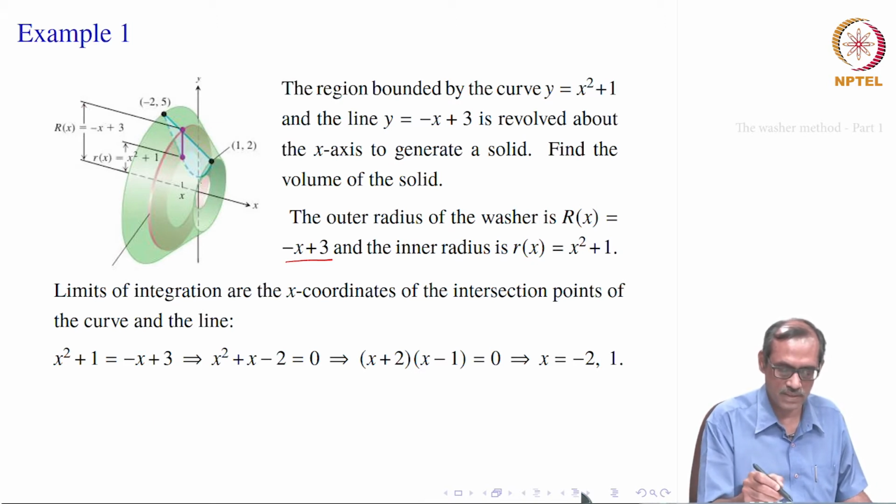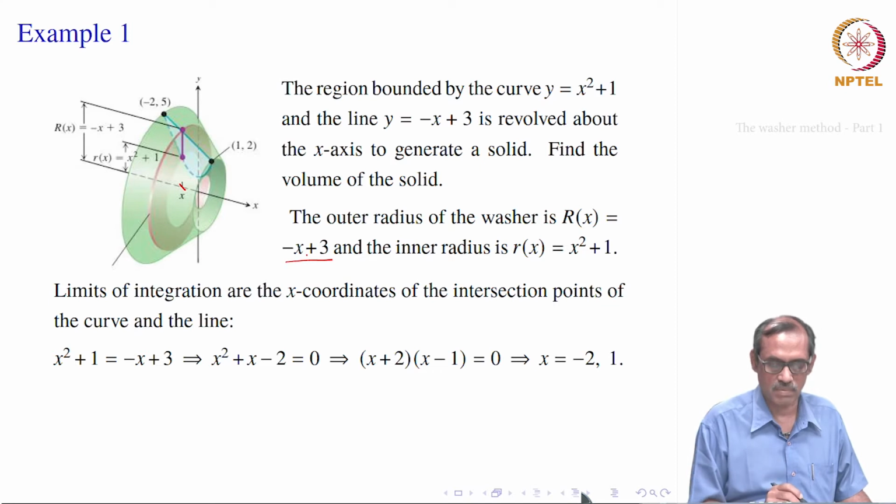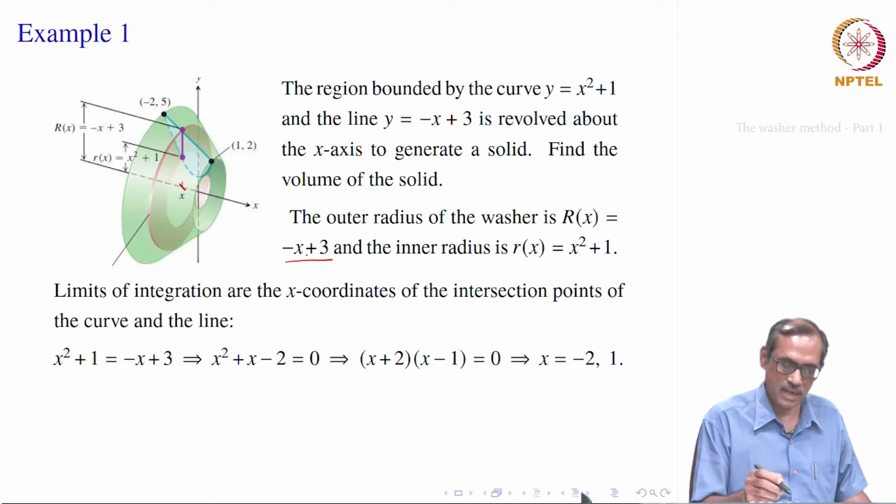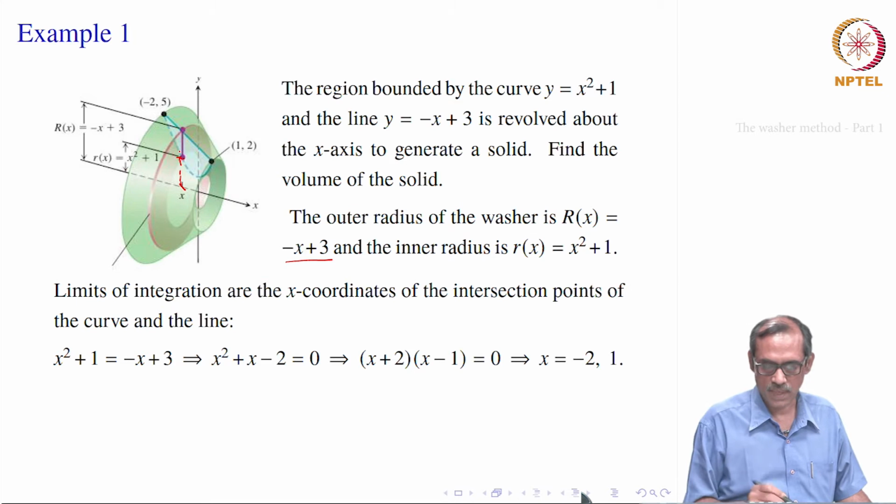The whole height taken from 0 to that place, that is your R(x), equal to minus x plus 3. And then the inner radius is the one which is not given here, right. That will be measured from the x axis to that point on the curve. Again, that point on the curve is x squared plus 1.